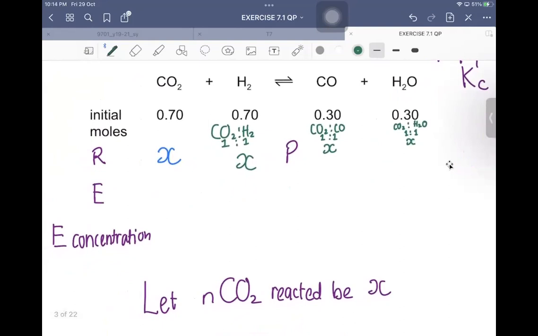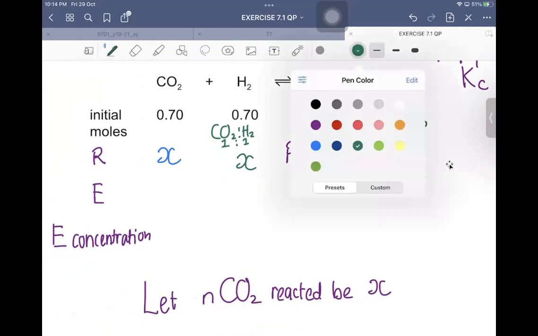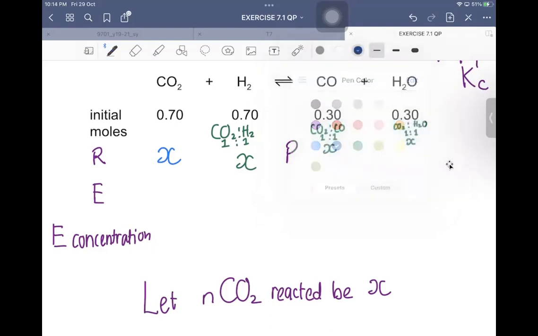We are now working out the number of moles of these reactants and products at equilibrium in terms of X, because that's the only way. We don't have any other hints or any other value given to us. So what happens at equilibrium? E is equal to initial minus reacted.